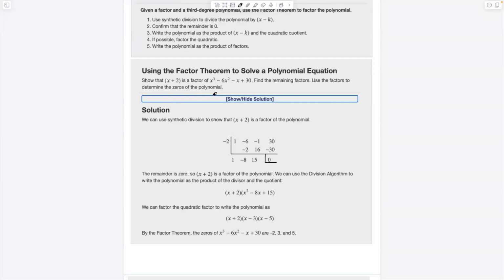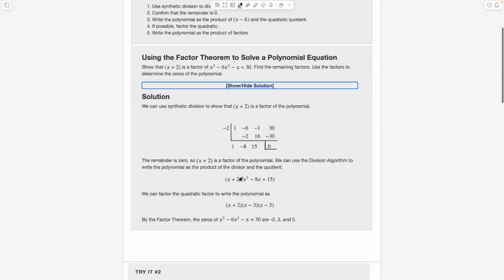So look, that means this guy here factors as x plus 2 times, look, here are our coefficients of that quadratic. Now we're down to a quadratic. Now that we've got a quadratic, we just factor. Worst case scenario, once you get down to a quadratic, you use the quadratic formula to find the other roots. So this is the approach we're going to take with polynomials.